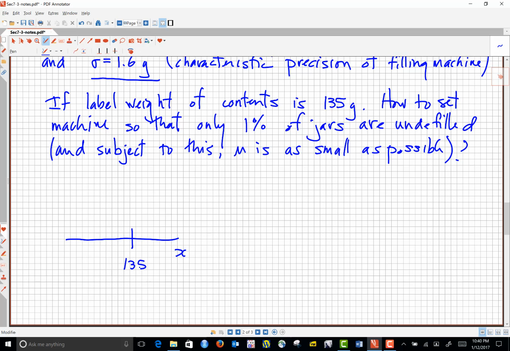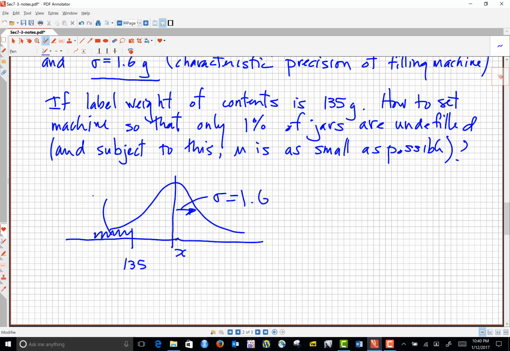The question is, how can one go about setting a mean fill level, knowing that this distribution has a standard deviation of 1.6, so that the fraction of underfilled jars is not so big.